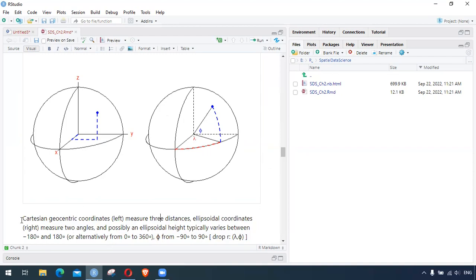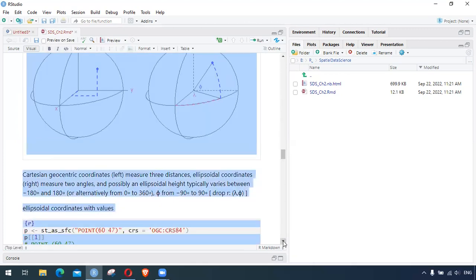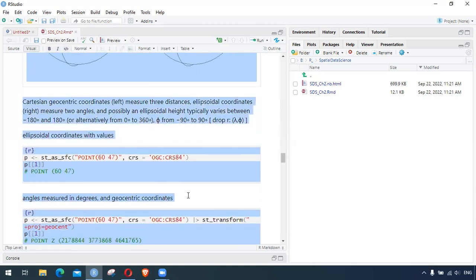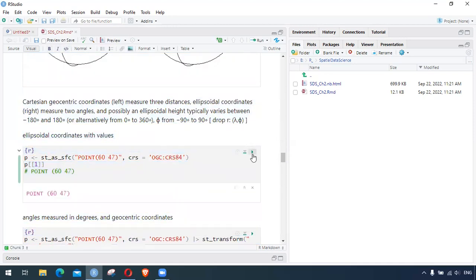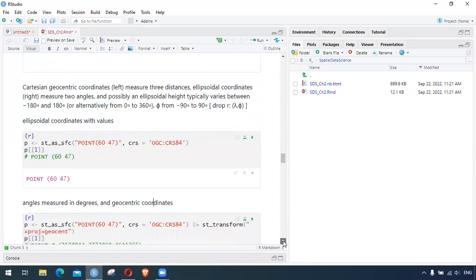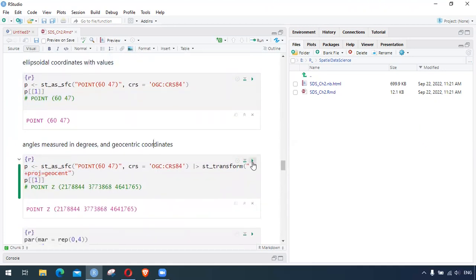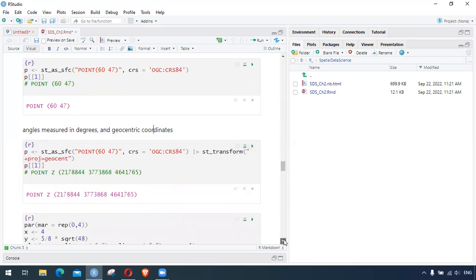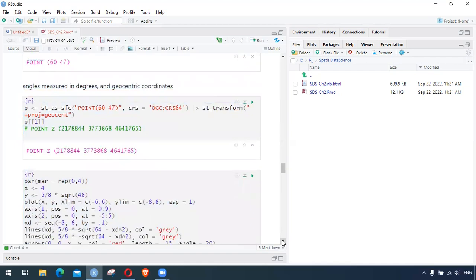So just to understand two different terms here: Cartesian geocentric coordinates and ellipsoidal coordinates. And then we can have the ellipsoidal coordinates with some values. We can have the angles measured in degrees and geocentric coordinates. And just to show how it is done in R.